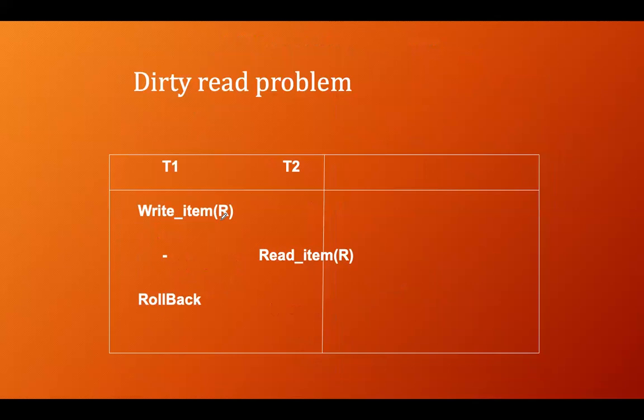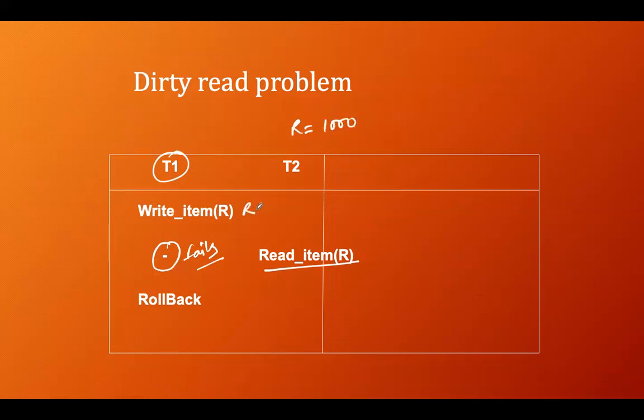Now come to the dirty read problem. In the dirty read problem, what happened? Some transaction T1 has done a write operation, but after that it fails and rolls back. Just before that, some other transaction has read the value. So let's say the value of R is 1000.